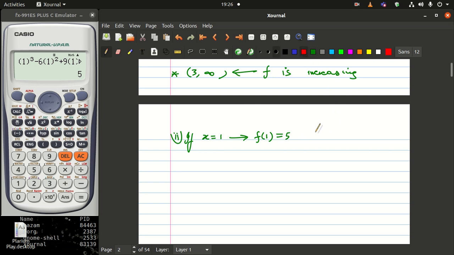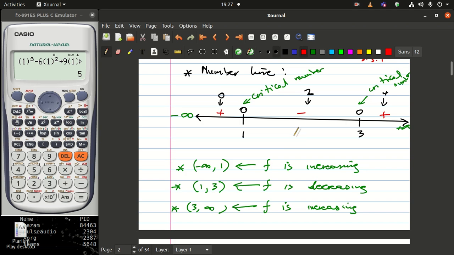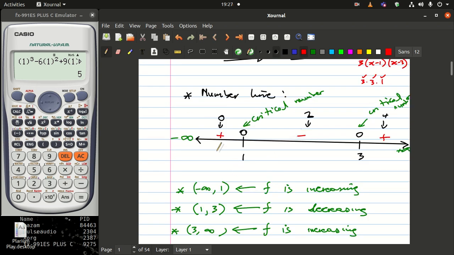So once you have this here, the question is: is this value a local maximum or a local minimum or neither? That is what is important here. So using this information in this table, the function is increasing, and then nothing happens here, and then it starts decreasing. What is actually happening in this particular function?